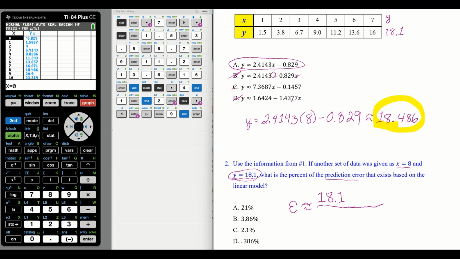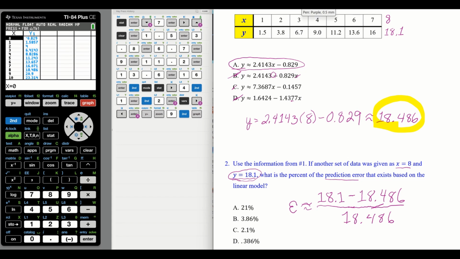I could have turned them around because this estimated one from up here, this 18.486 is larger, but it doesn't matter. Now we divide by the estimate, what the equation gives us.